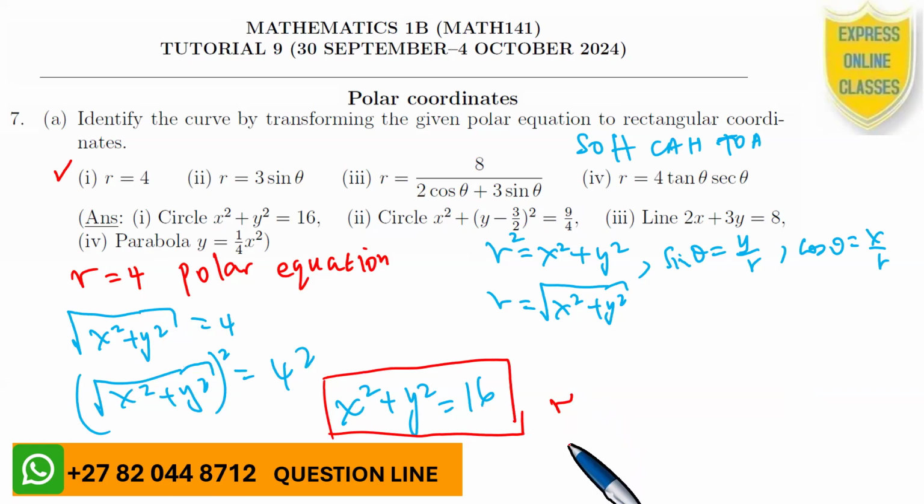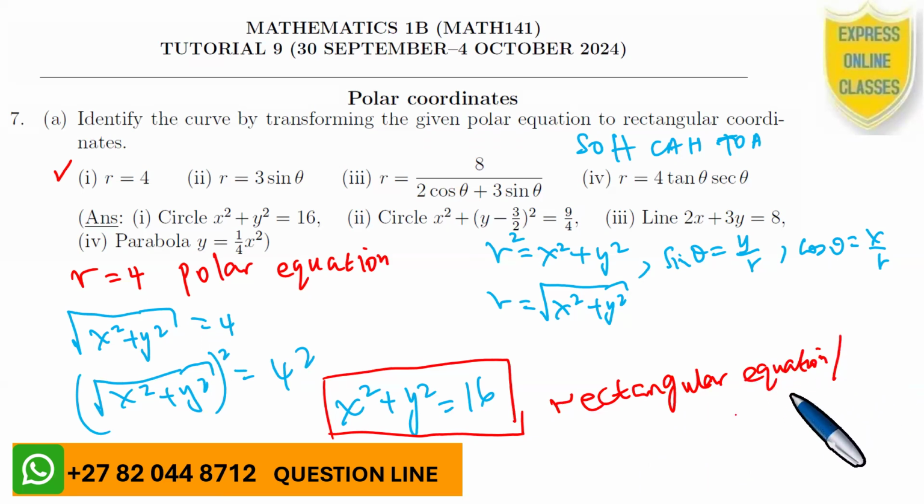This pertains to rectangular equations, or rectangular coordinates. Right, so that's what we're able to see. Make sure that you understand what is happening.